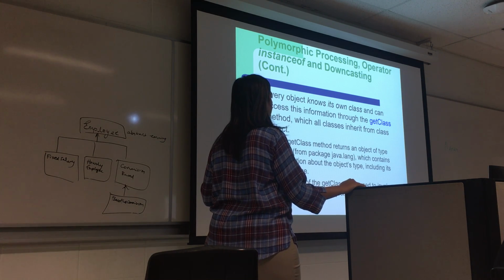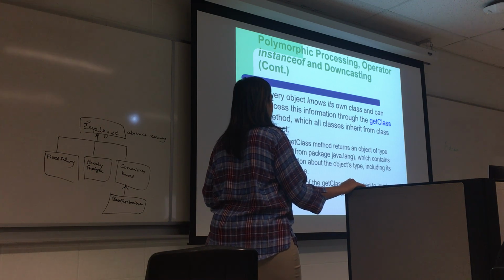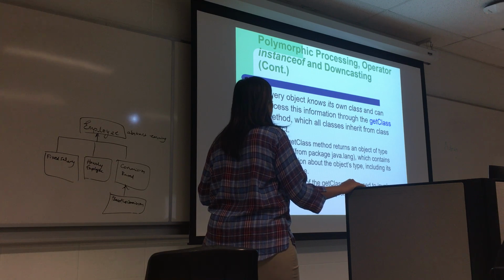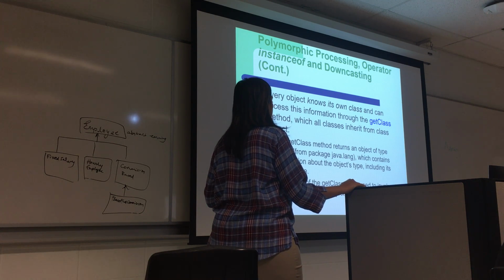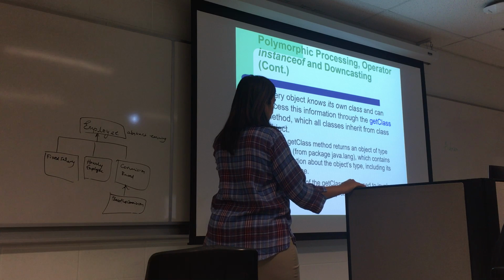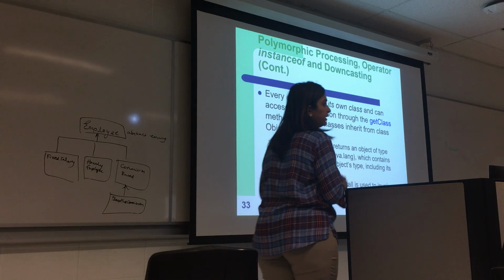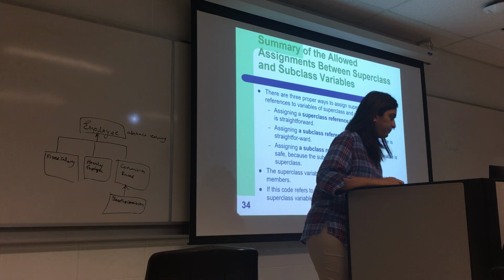This returns an object of type Class which contains information about the object's type, including its class name. The result of getClass is used to invoke getName to get the object's class name. Now you will use getClass and getName and compare them to see if they are of the same type.